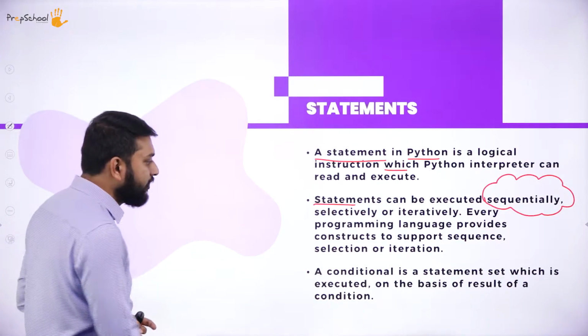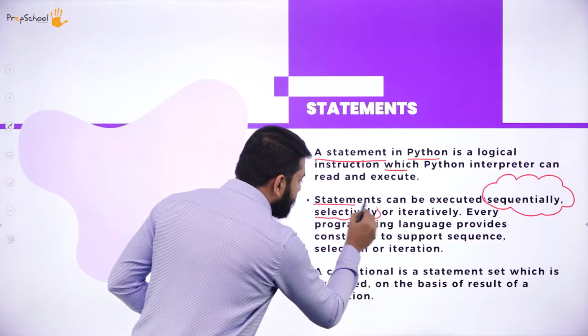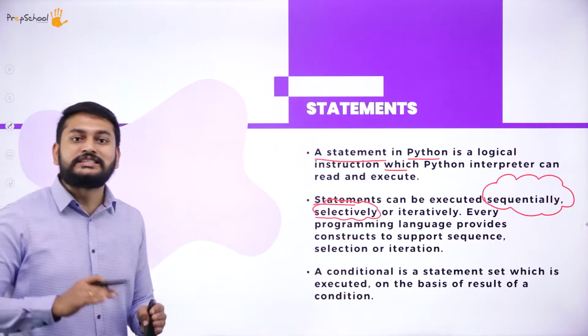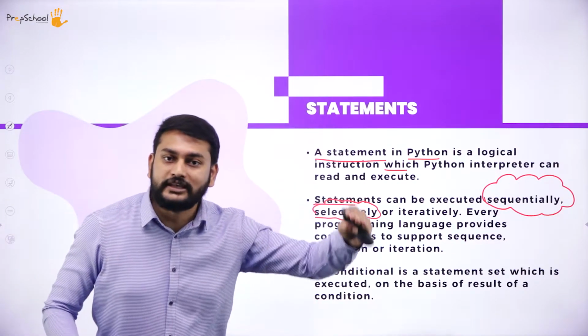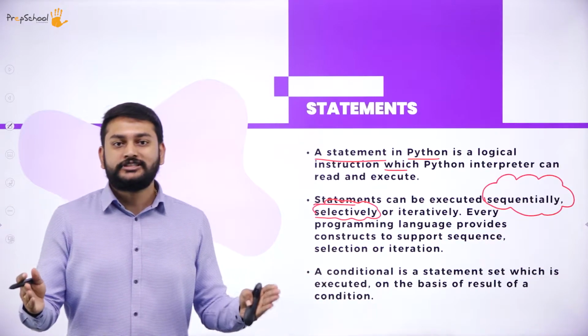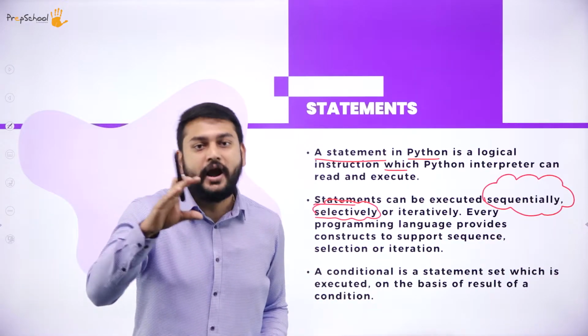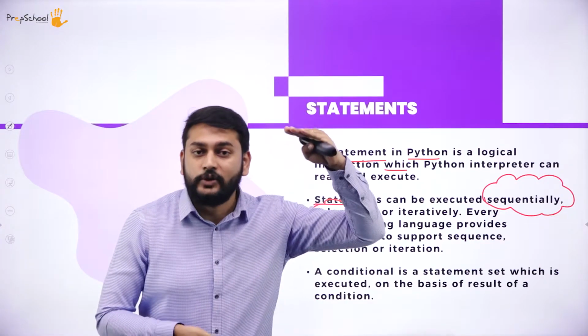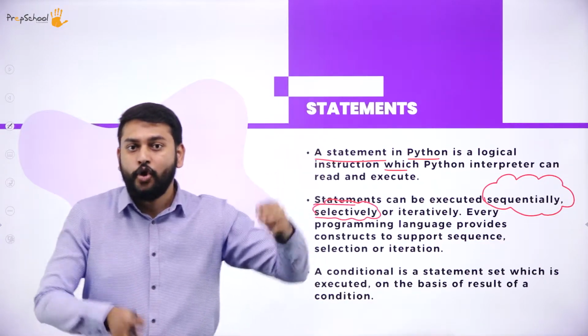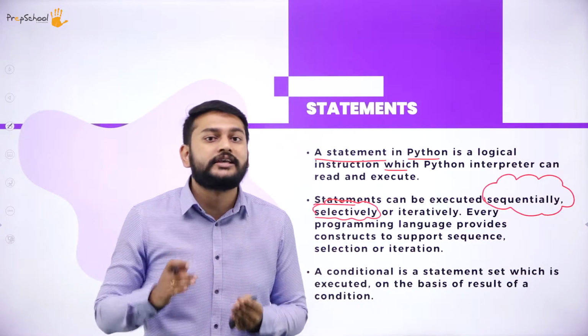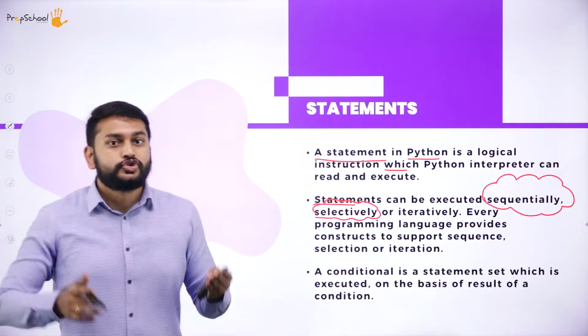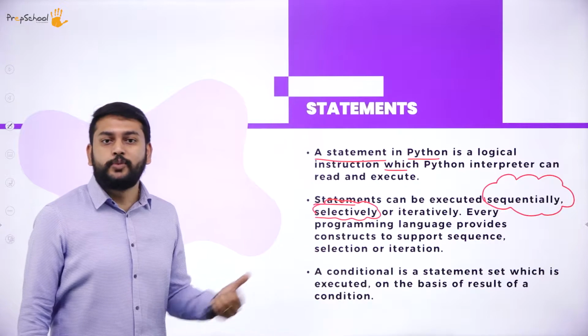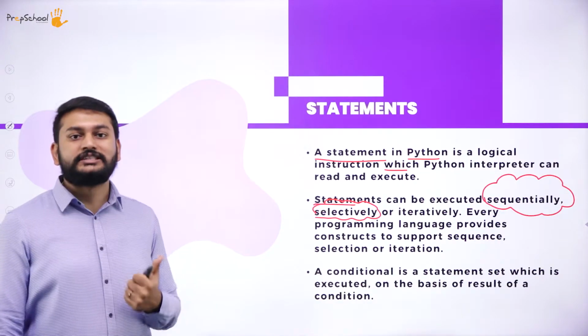The next one is selectively. I can execute the statements selectively. I will not be executing all the statements, but only some part of them. For example, if I have 100 statements, I will not execute all 100. Only a few of the instructions will be executed selectively. Those I call selective statements.